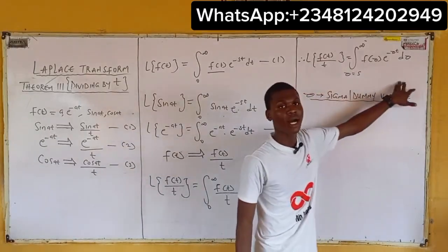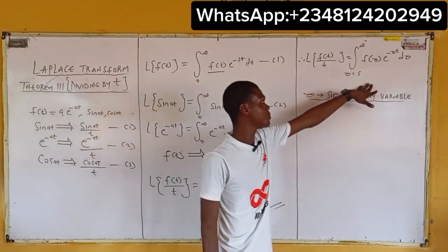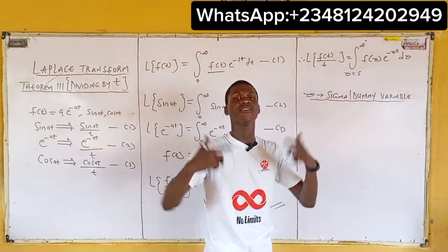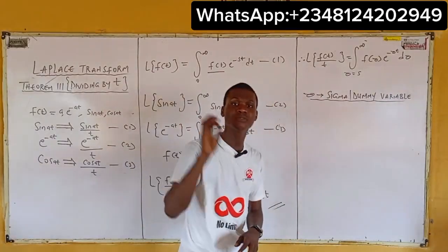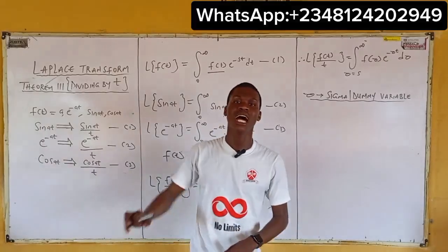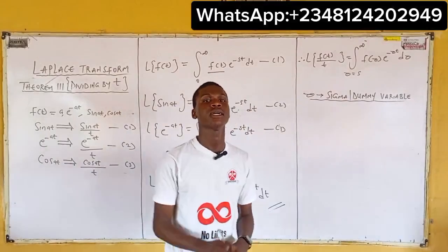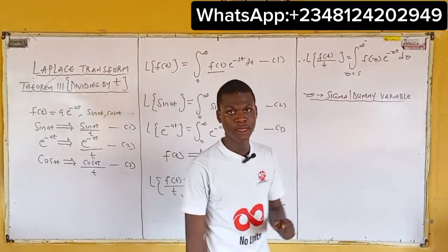From this formula, we obtain this. The process or any steps implemented gives us our final result, and you implement that process to any given question as far as the third theorem of Laplace transform is concerned, right?